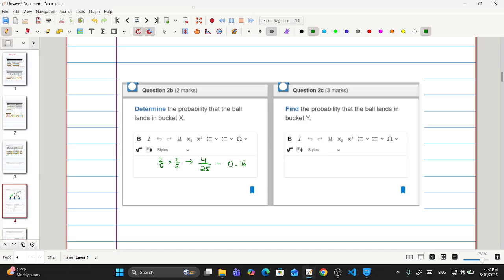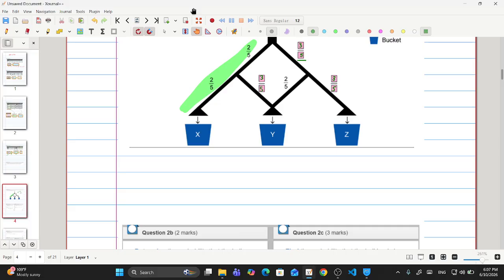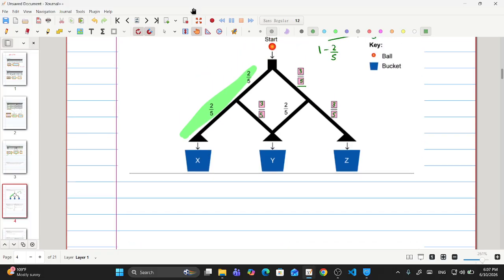Find the probability that the ball lands in bucket Y. This is a 3 mark question, which makes sense because this is relatively longer working. If we start from here, for instance, the working for this would be probability of Y: 3 over 5 multiplied by 2 over 5.